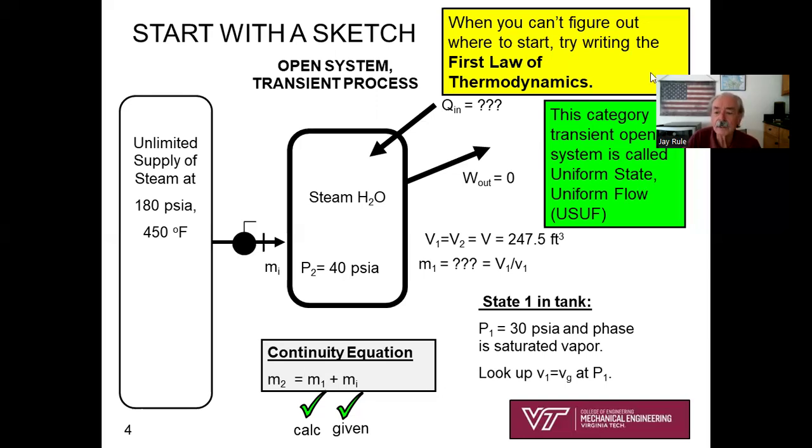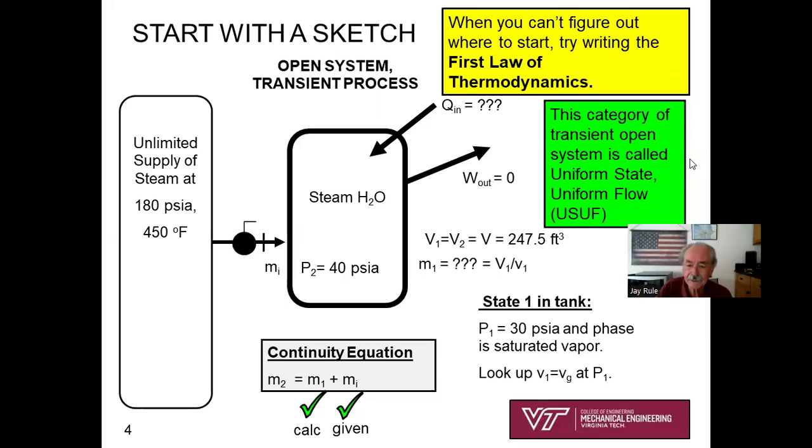All right. Oh, in my green text box, it says, let me move my picture here. It says this category of transient open system problem. This is not a closed system. It's not a steady state, steady flow open system. This is a transient open system. And in other textbooks, it's called uniform state, uniform flow, USUF.